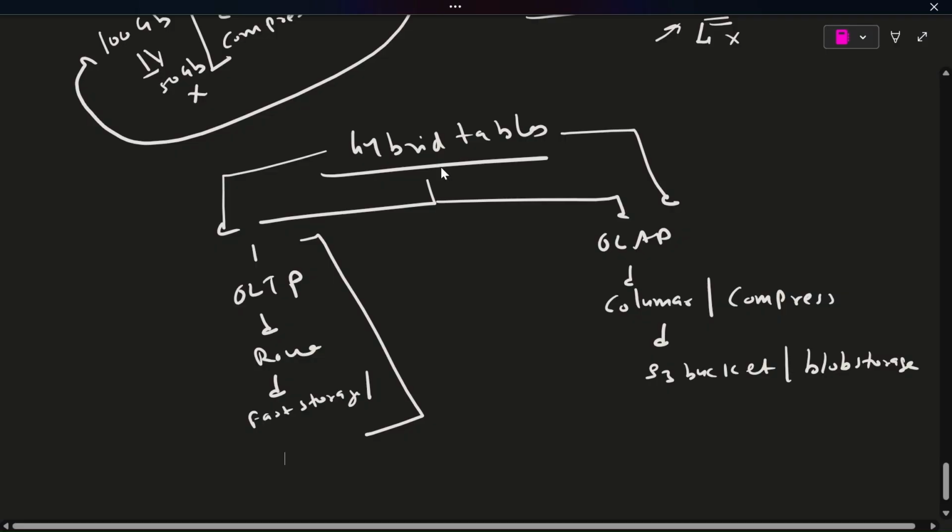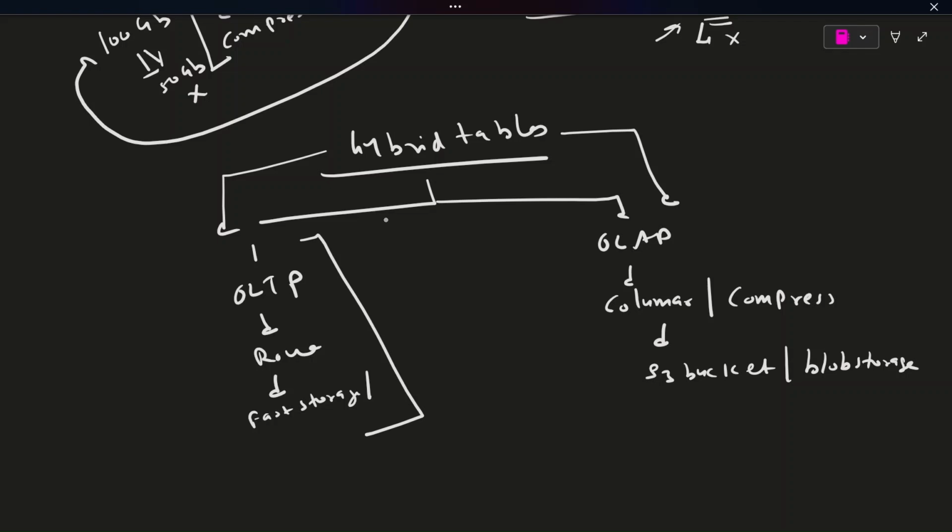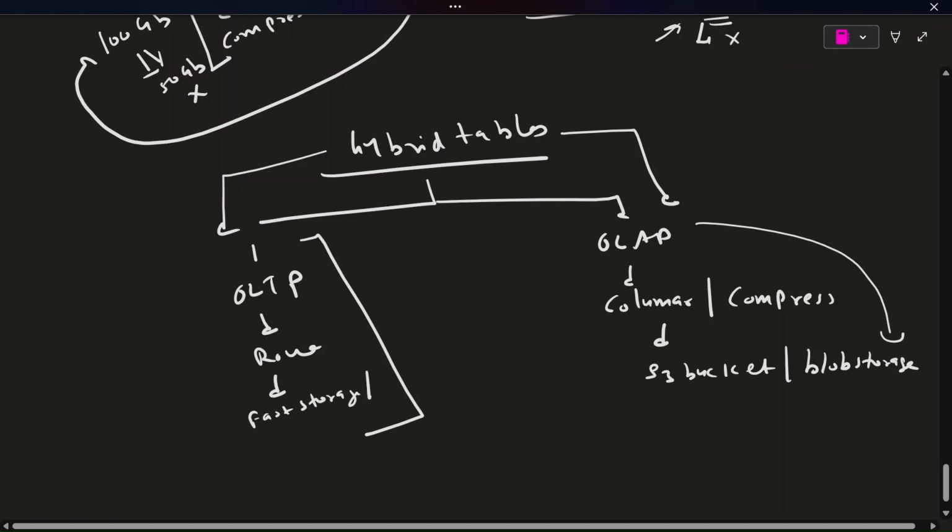Because here for a hybrid table, you are storing data in two formats, in two different storage categories. If you are having an analytical workload, you are storing data in the Snowflake proprietary storage, which is your S3 bucket or blob storage.